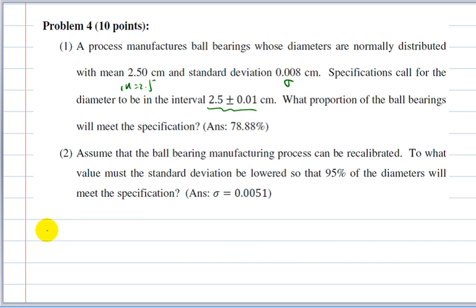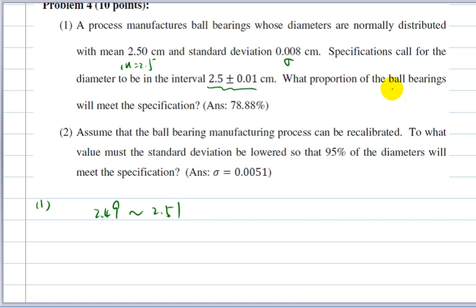First, the keywords: the specification calls for the diameter to be in the interval of 2.5 plus or minus 0.01 centimeter. This means you want your ball bearing to be within this interval, basically 2.49 to 2.51.